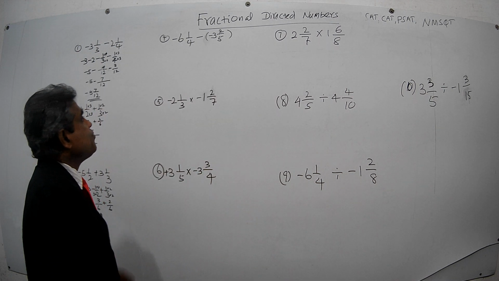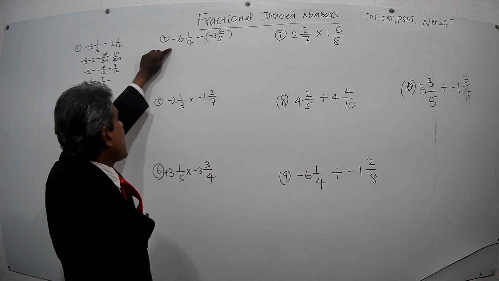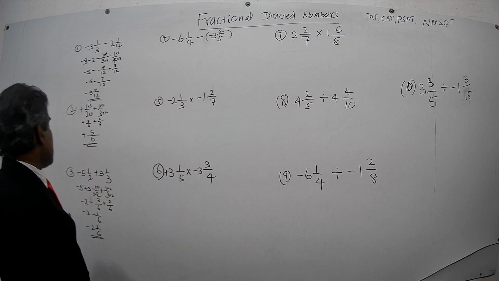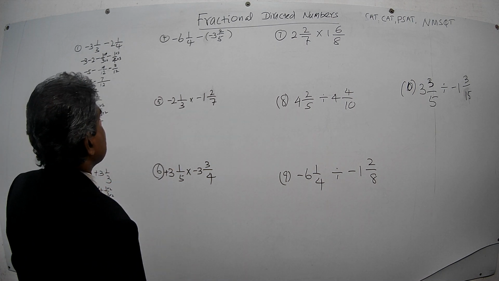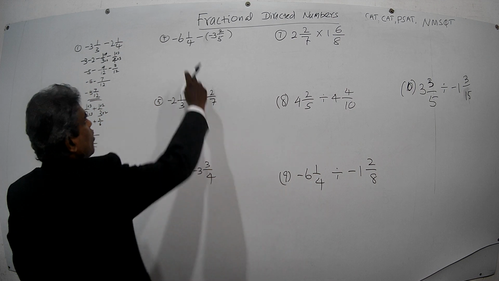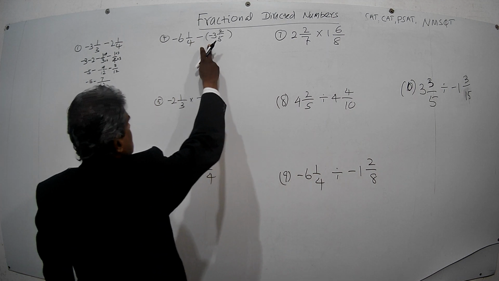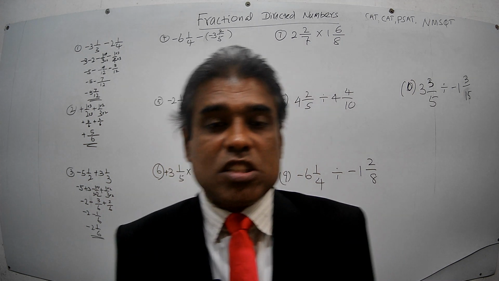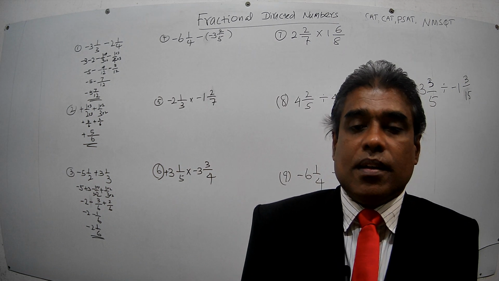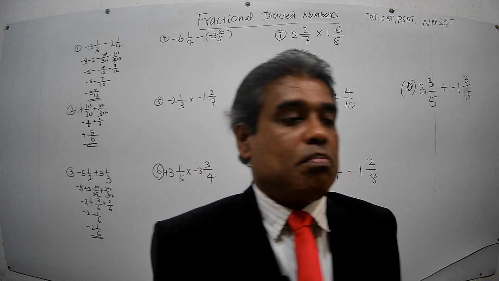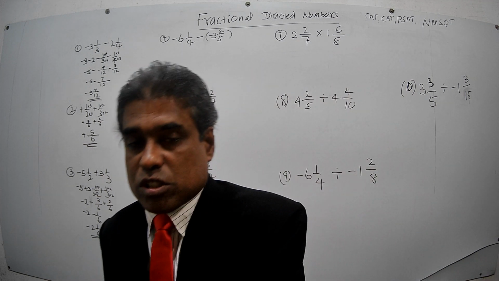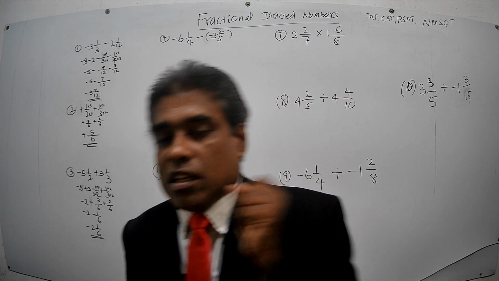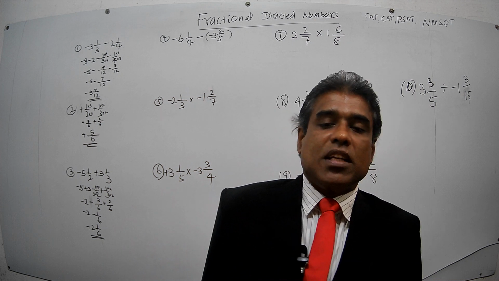We have got two fractions with some brackets. First of all, you have to multiply these two signs, and this sign multiplication was covered in our first video on operations of directed numbers. In the multiplication part, when you multiply signs, plus into plus equals plus, minus into minus equals plus, minus into plus equals minus.